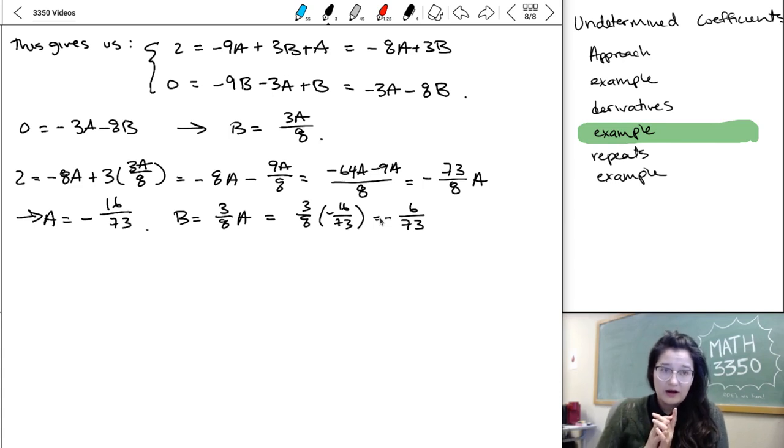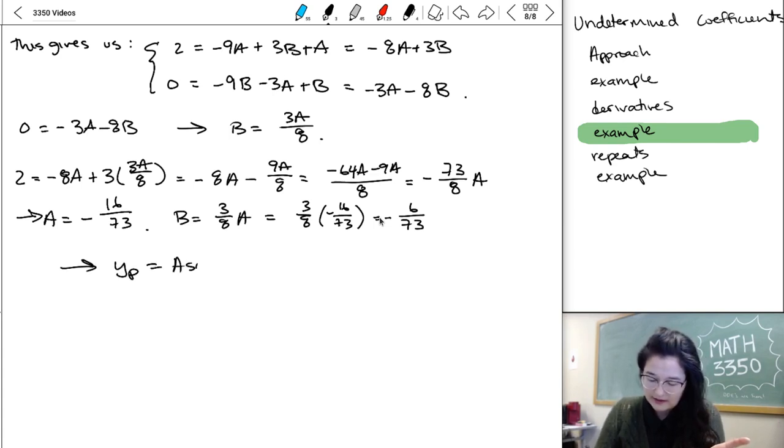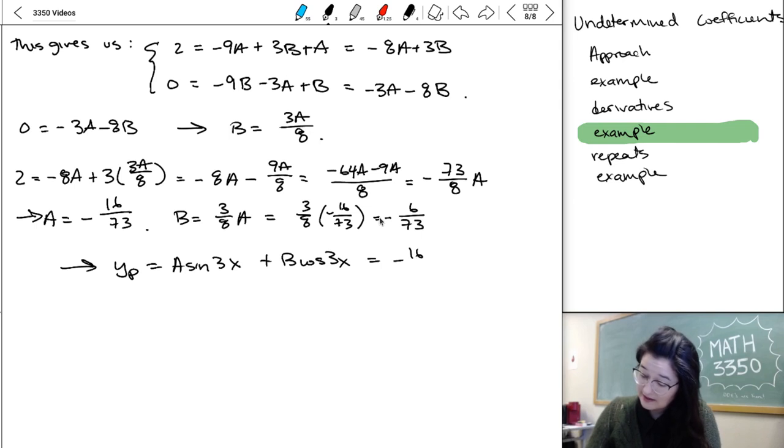So I know this video is getting kind of long, but I just want to note that this gives us y sub p was that a sine 3x plus b cosine 3x. So that's negative 16 over 73 sine 3x minus 6 over 73 cosine 3x.